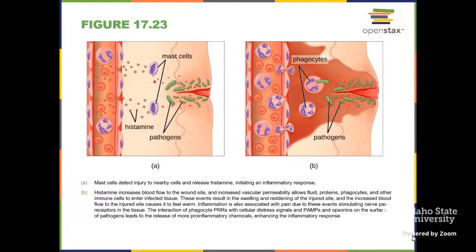So we can see initially our vessel over here normal, if you will, all right? And the histamine, as it makes its way in, causes vasodilation. So now we've got increased circulation to this area. We've got increased blood flow.